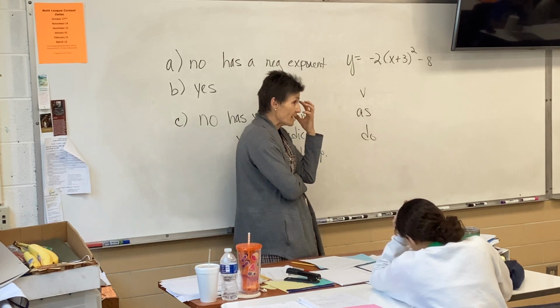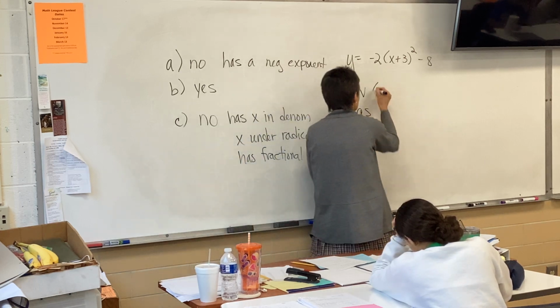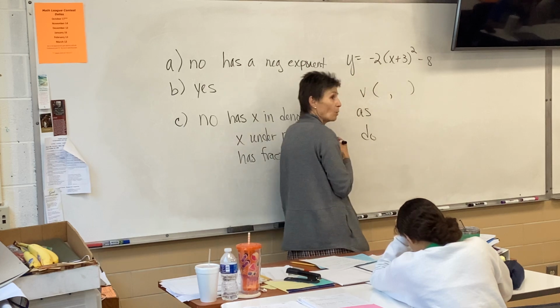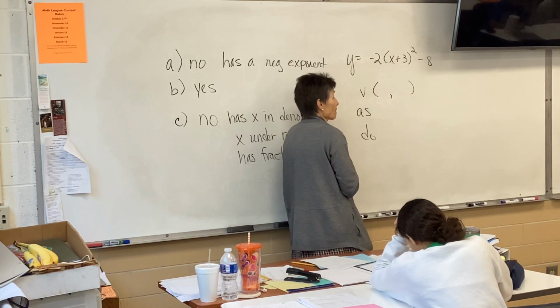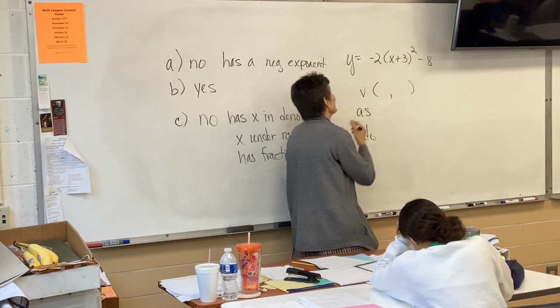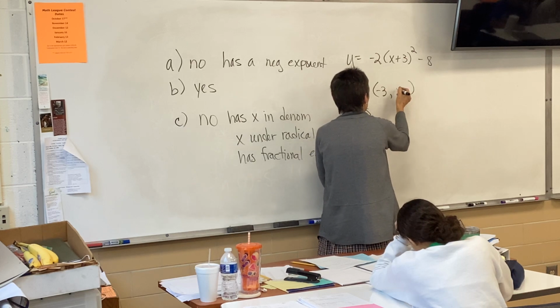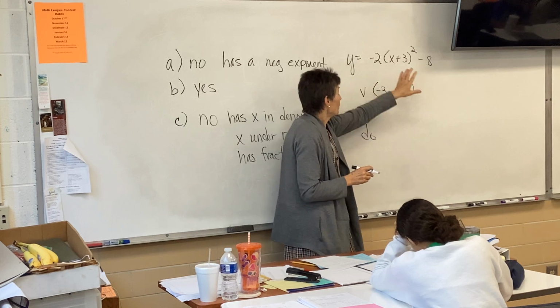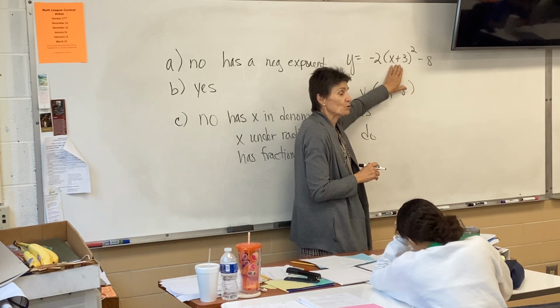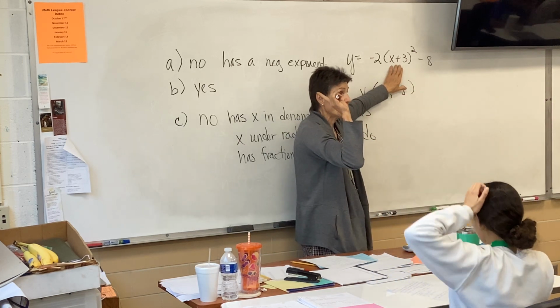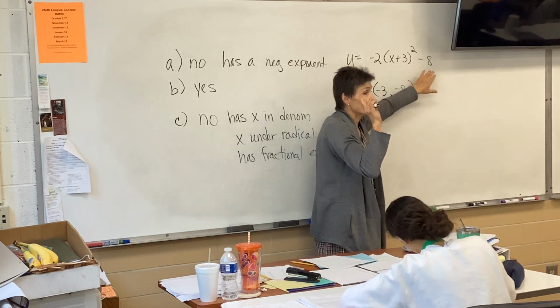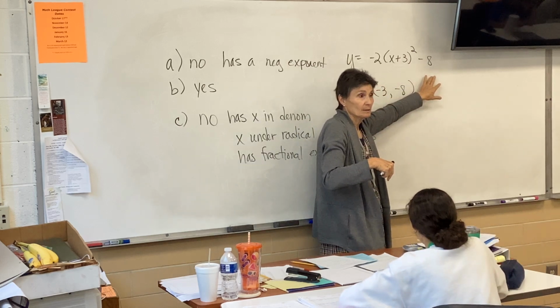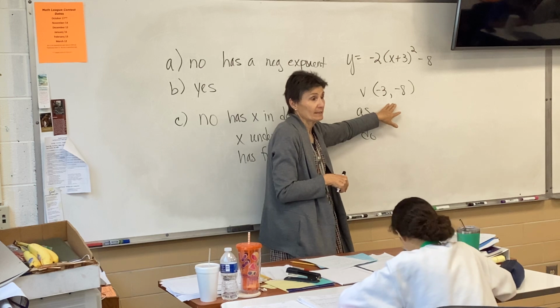The vertex is where? Negative 3, -8. Stop a minute and think. X plus 3 moves you 3 to the left and 8 down. That puts you at -3, -8.